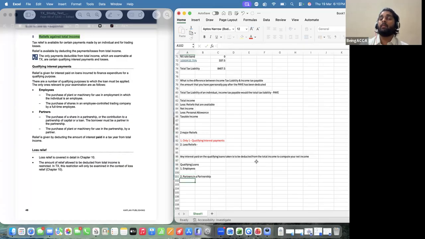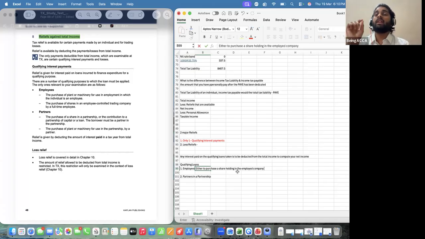Whenever an employee takes out a loan to purchase a shareholding in the employed company, the interest on the loan taken to purchase shares in the employed company will be considered as a qualifying interest.